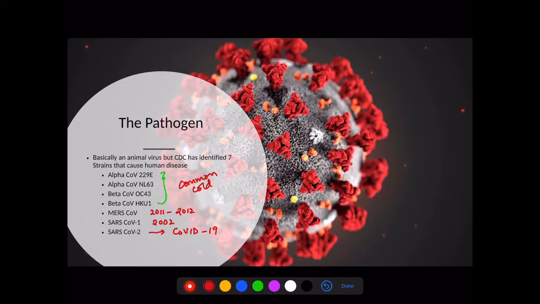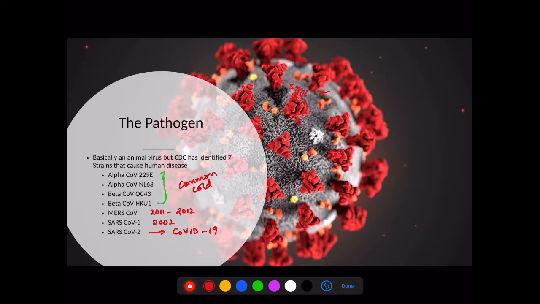Now, if you look at the shape of this virus, you will see that it has got spikes on its surface over here. Can you see these spikes? So the name corona is given because of this peculiar shape of the virus. And here, these things you see are known as the S glycoprotein.